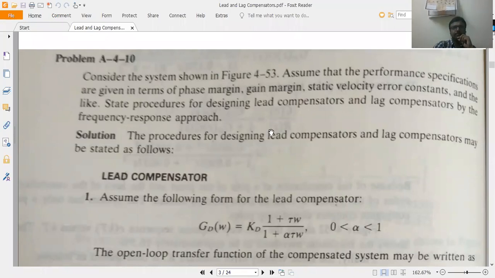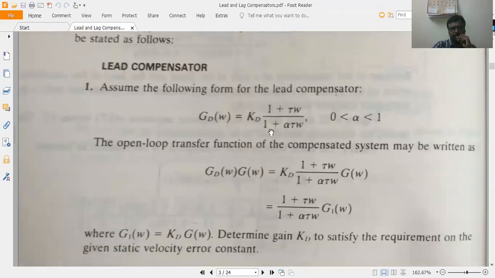Okay. So first of all, we will discuss the design procedures regarding the lead compensator. The first step is to assume the following form of the lead compensator.